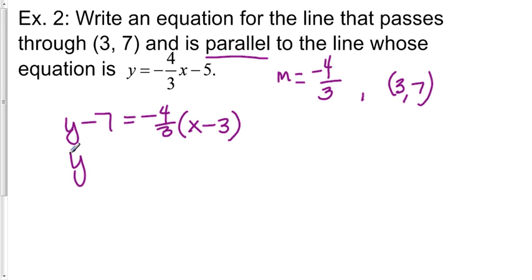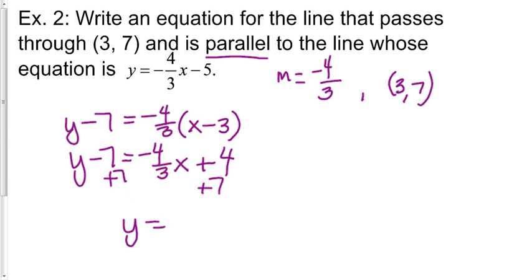So we get y minus 7 equals negative 4/3 times x, and then you're taking negative 4/3 times a minus 3. That negative and negative will cancel each other out and you'll get positive 4, and then let's add on 7. Okay, so my equation is in slope-intercept form, y equals negative 4/3 x plus 11.